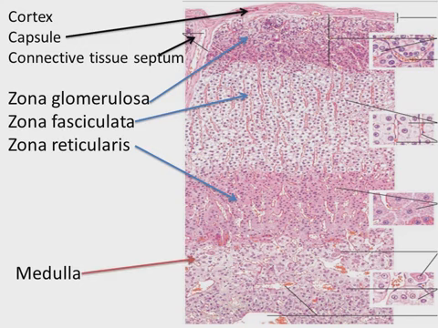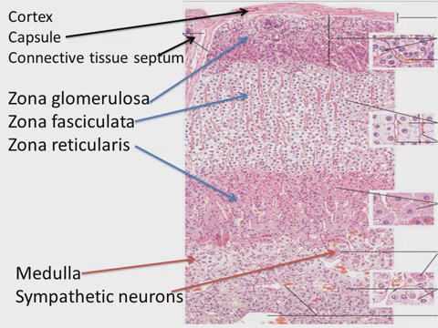Another structure we can see in the medullary region is the sympathetic neurons, seen singly or in small groups. The sinusoidal capillaries are also seen there, which drain the contents of the medulla into the prominent medullary blood vessels.